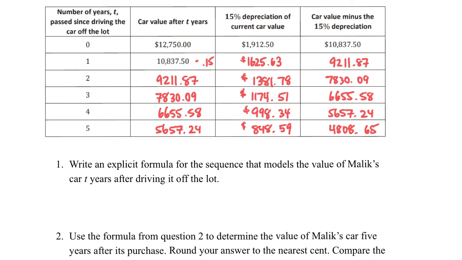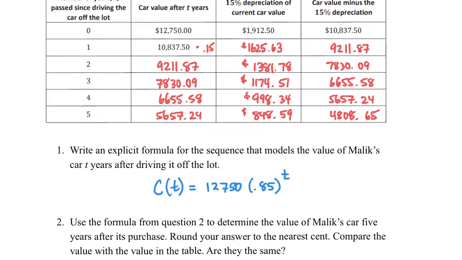So the value of the car, we'll call it C of T. The value of the car is $12,750, which is the starting value, the value after 0 years. And then we're multiplying that by 0.85 raised to the T. So this is our formula right here.